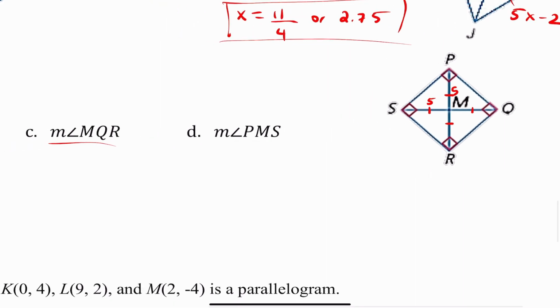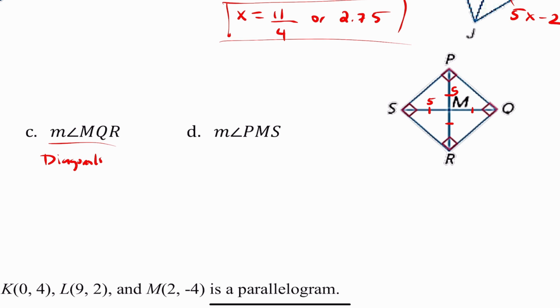Since I'm trying to find this angle, and we know that this is 90 degrees, note that this diagonal is going to split the angle into two congruent parts. So if this is 90 degrees, obviously this has to be 45.